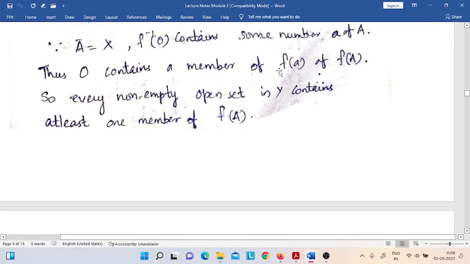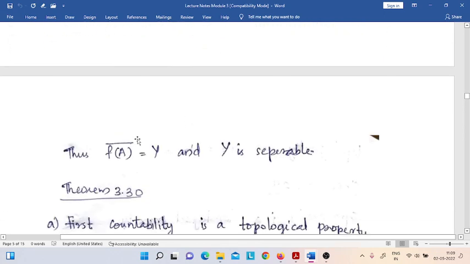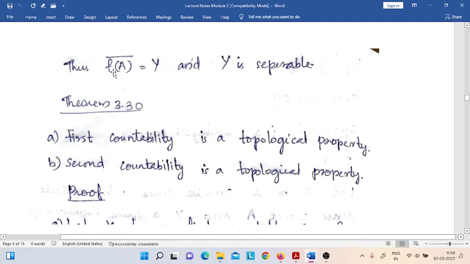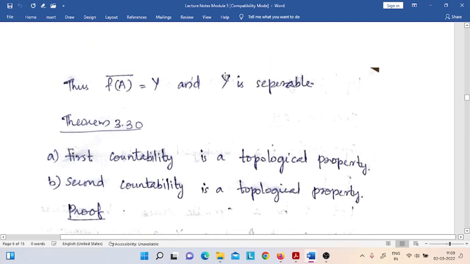Thus F of closure of F of A equals Y, and hence Y is separable. Okay, that's all.